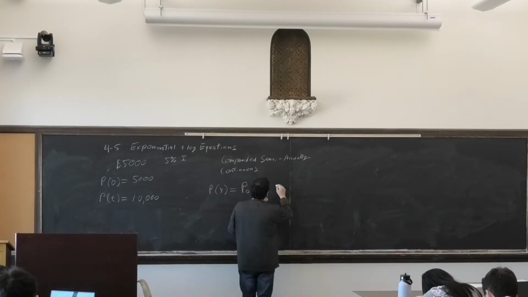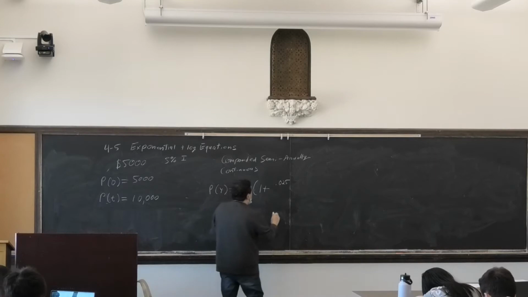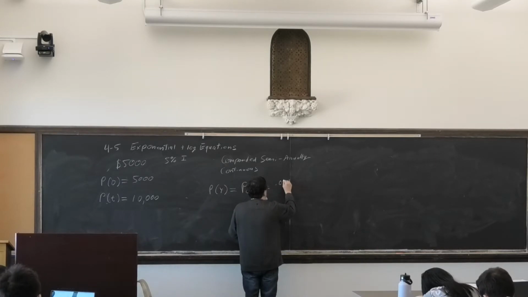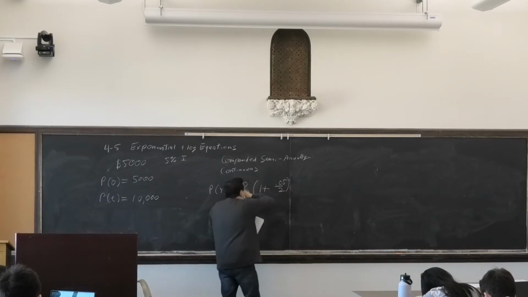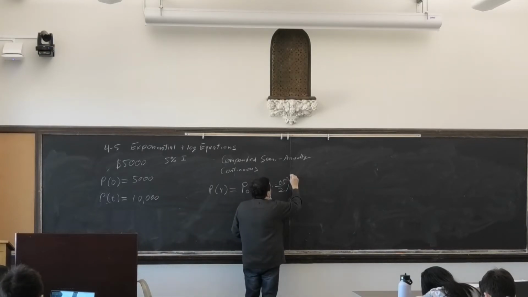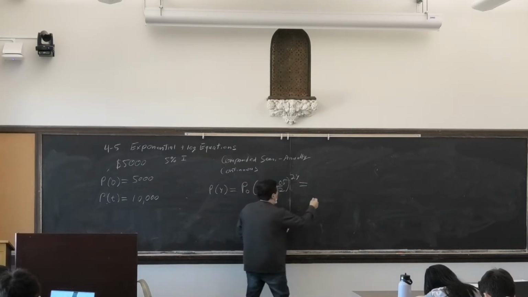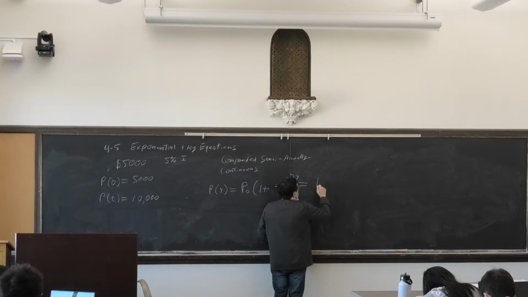So half of that is 0.025. Just write it 5% over 2. And we need the 2 here because we're doing it twice a year. And we want that to be equal to $10,000.